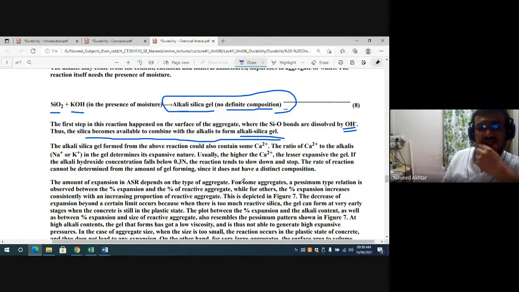If the alkali hydroxide concentration falls below 0.3 M, the reaction tends to slow down and stop. The rate of reaction cannot be determined from the amount of gel forming, since it does not have a distinct composition. Hence, there is no distinct chemical formula to know the amount of gel forming.